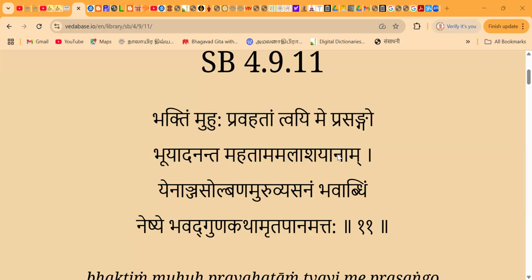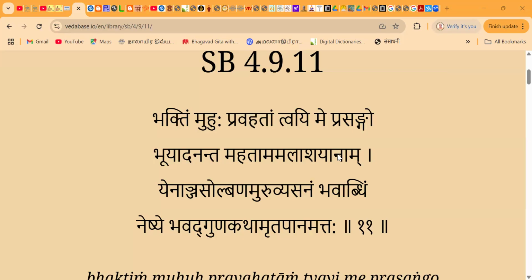And what can a person gain from such an association? Yena anjasa. By this association, neshye bhavad guna katha amrita pana mattah. Bhavad gunakatha amrita, your qualities and pastimes. Panamatta means intoxicated.